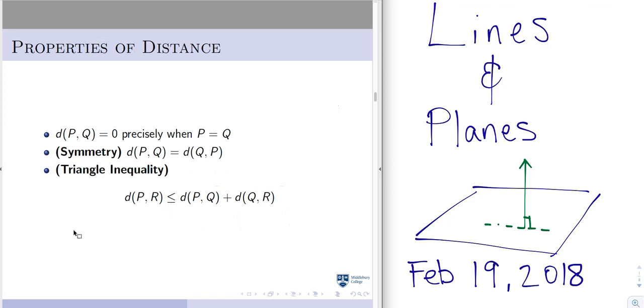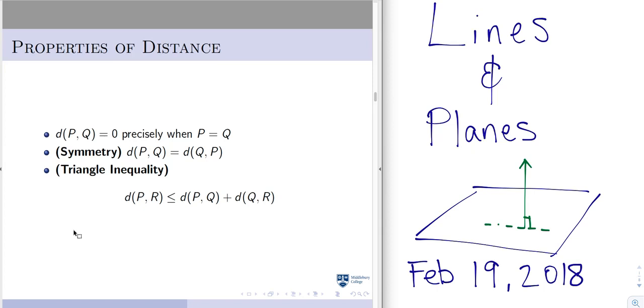The distance formula satisfies several properties. First property is that the distance between P and Q is equal to 0 precisely whenever P is equal to Q. It would be impossible to have 2 points which are not the same point which have 0 distance between them. Secondly, we'll observe that the distance function is symmetric.